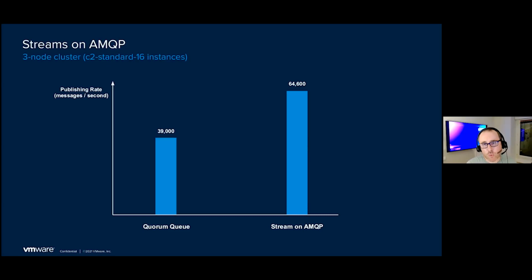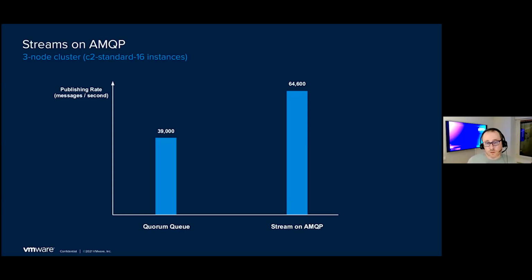And with a stream, we have 64,000 messages per second. So it's about 50% faster. And it makes sense, it's quite consistent. Streams are actually a simpler data structure than quorum queues. They don't have to deal with complicated things like message acknowledgement, rejected messages, requeuing, and all that stuff. So they are just simpler and they are a bit faster.